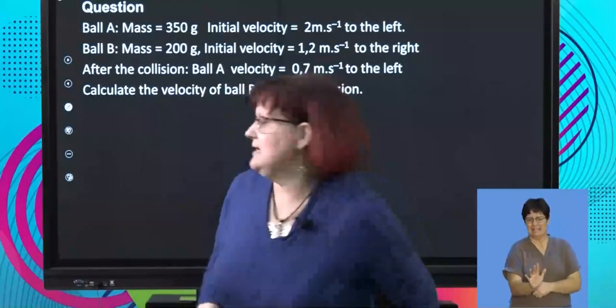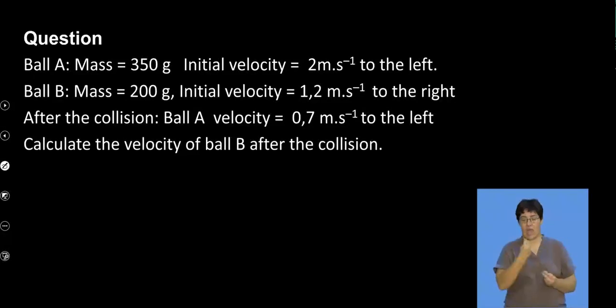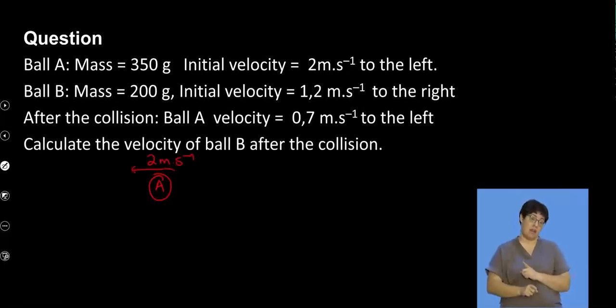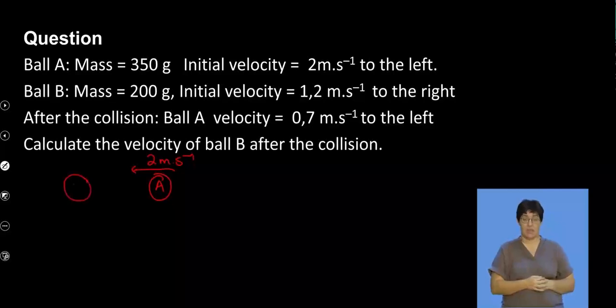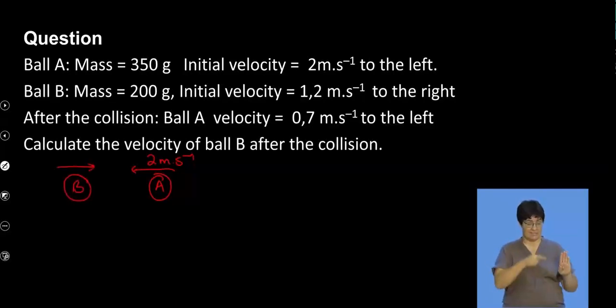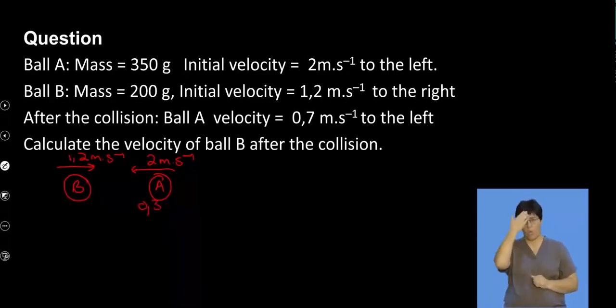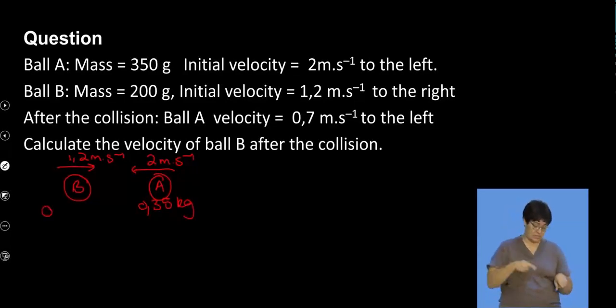So here's ball A, going at 2 meters per second to the left. Then it meets ball B, which is going at 1.2 meters per second to the right. I know that this is 0.35 kilograms, and I know that this is 0.2 kilograms.